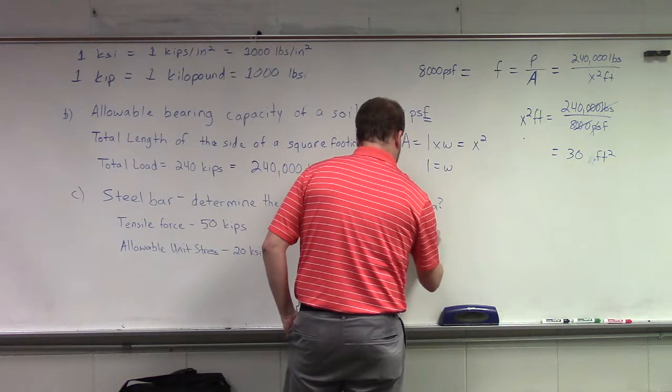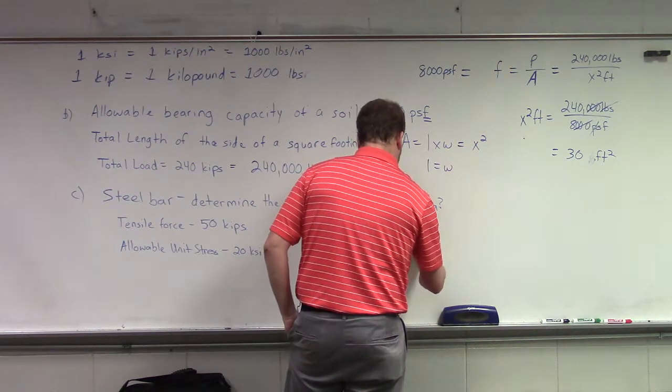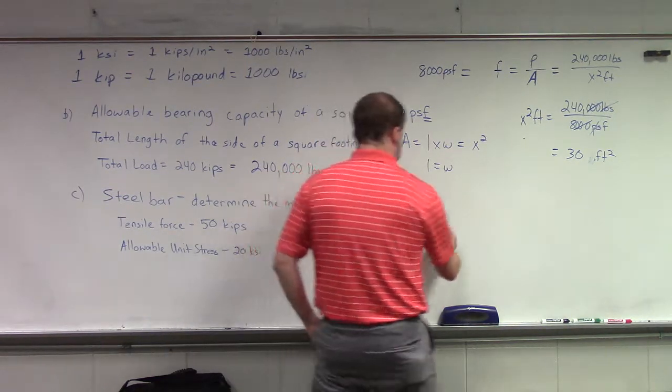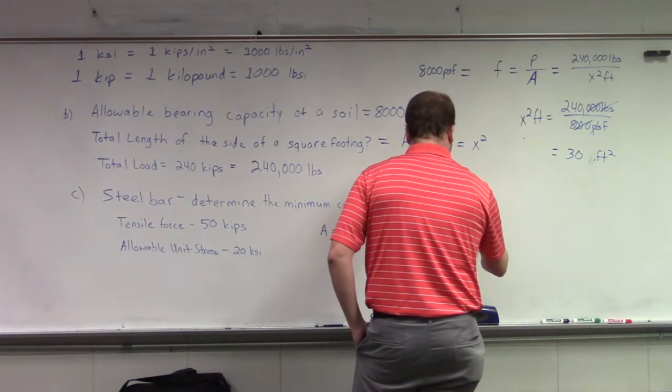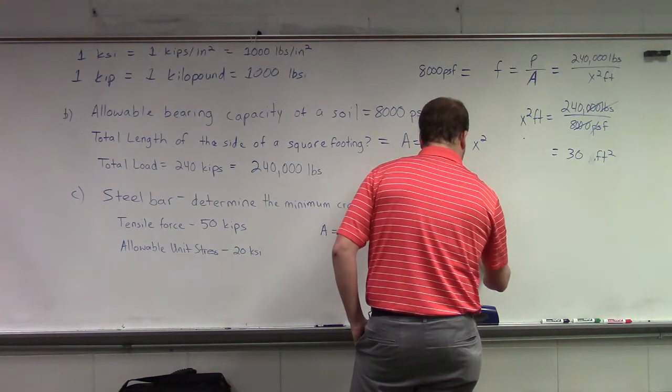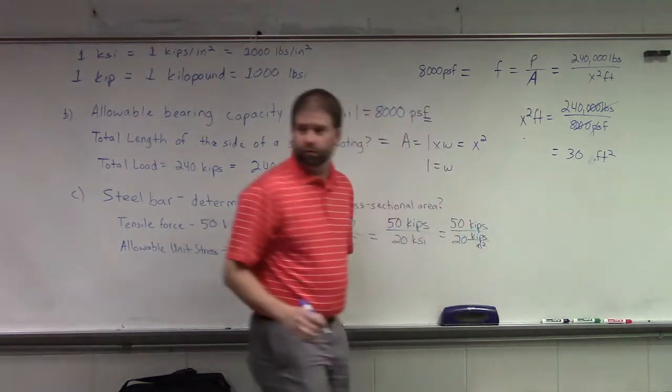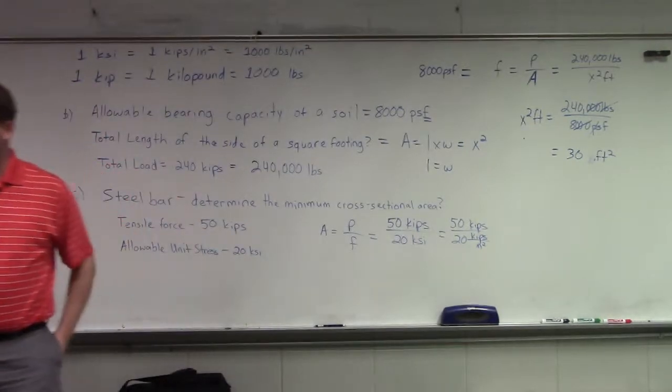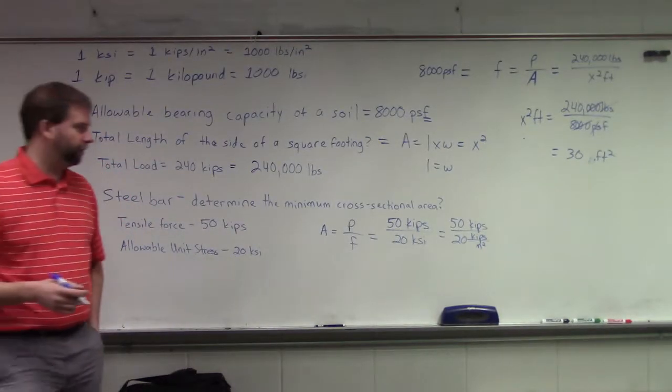50 kips divided by 20 KSI. Right, and that's the same as saying 50 kips divided by 20 kips per inch squared. Everybody good with that?